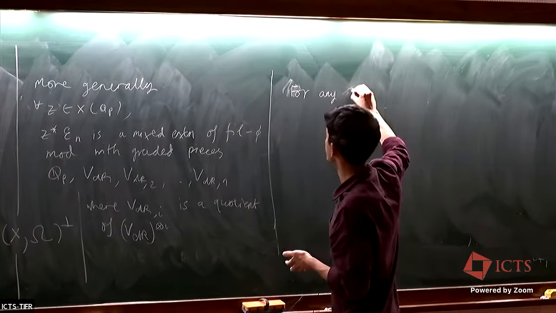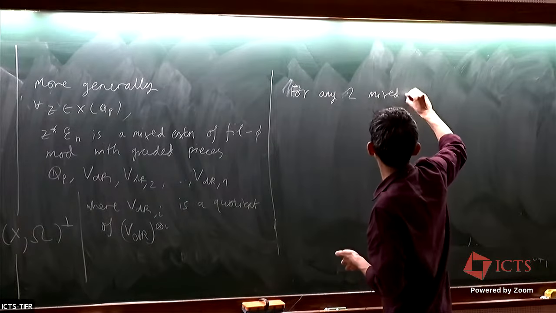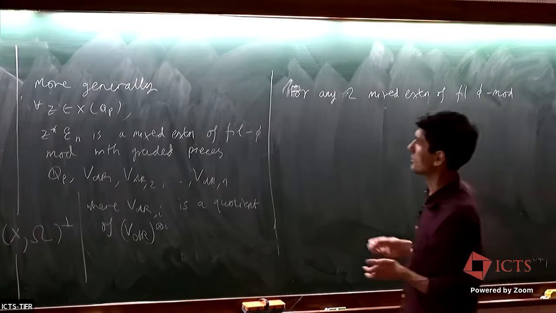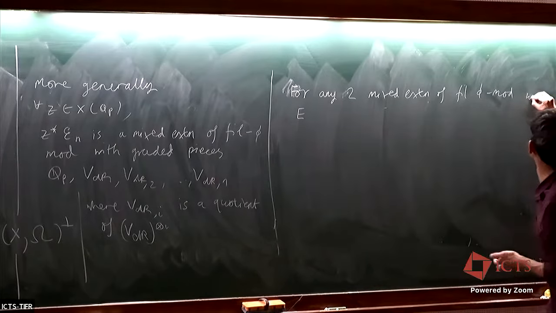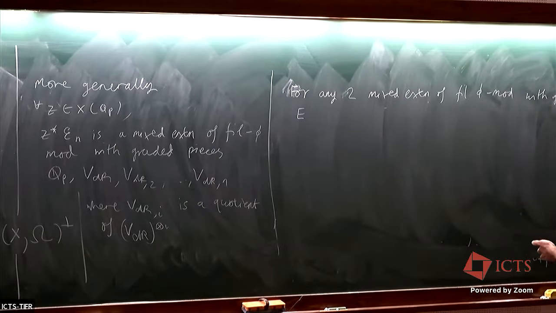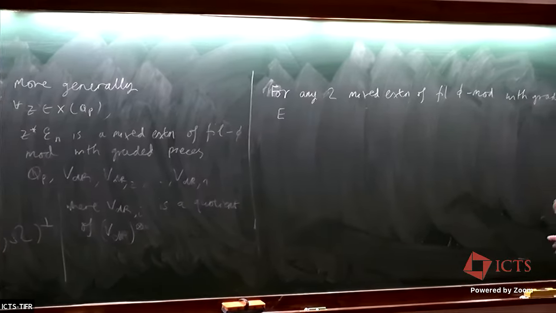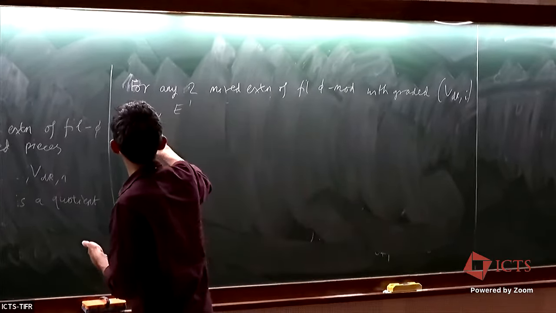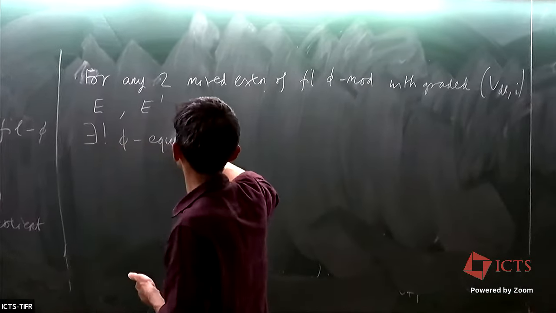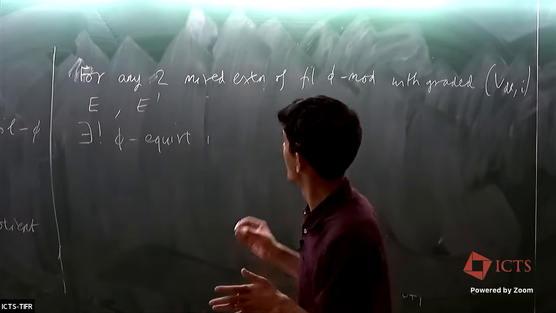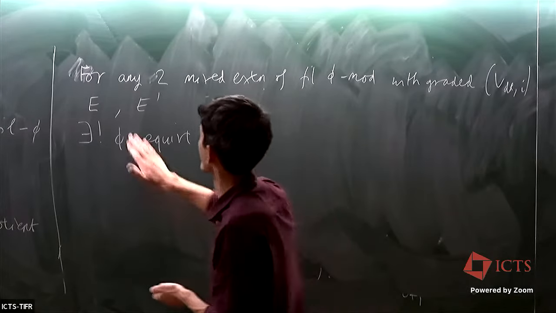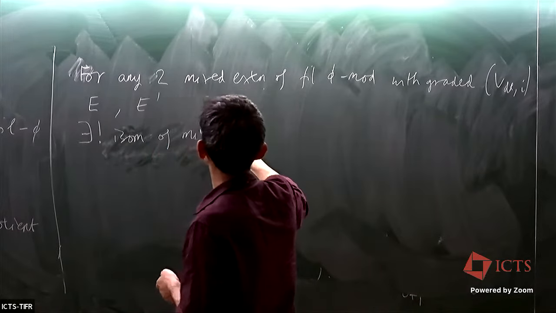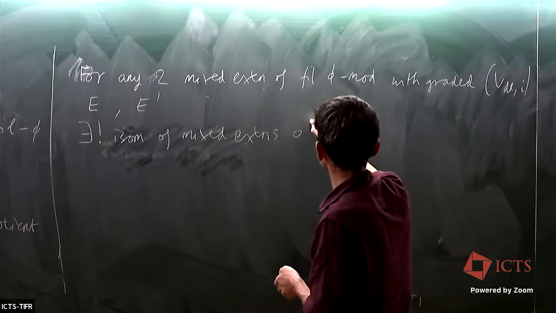For any two mixed extensions of filtered phi modules with these graded V de Rham i's, call them E and E prime, there exists a unique isomorphism of mixed extensions of phi modules.